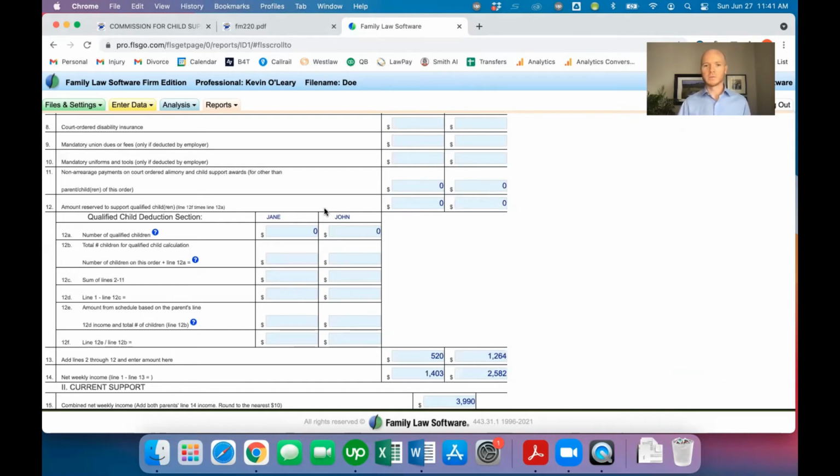So the parent who does not have the child living with him or her, if that person is disabled and therefore the custodial parent receives disability benefits, that can change the weekly child support amount. But we're not going to get into all of the nuanced details of that.